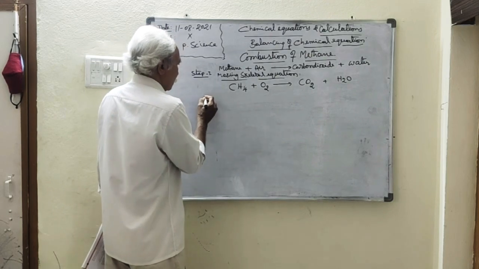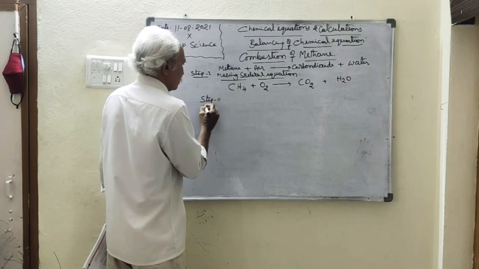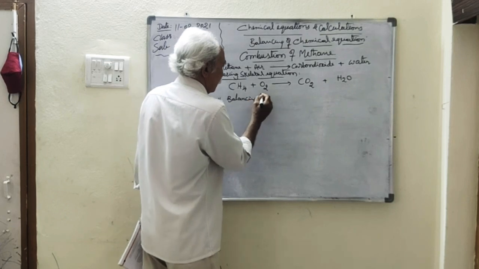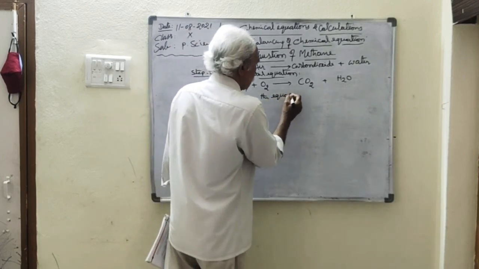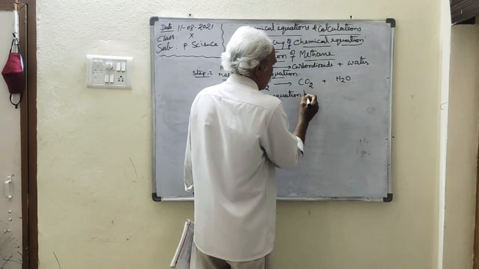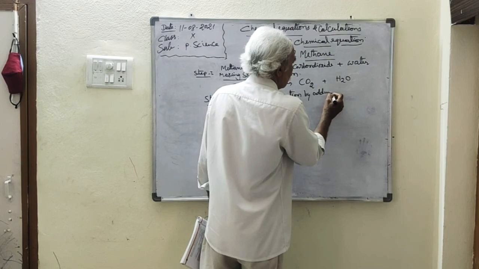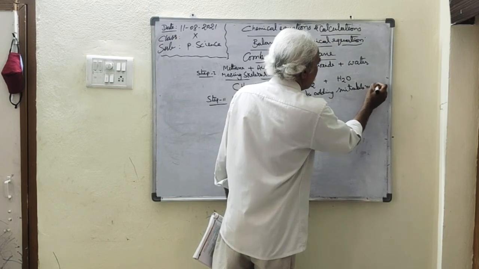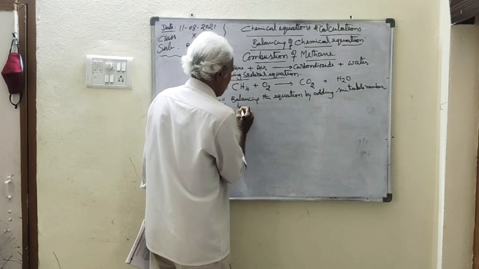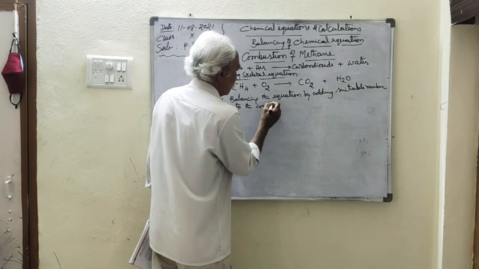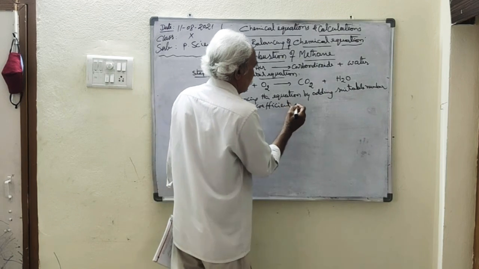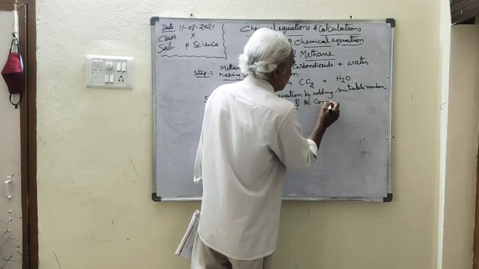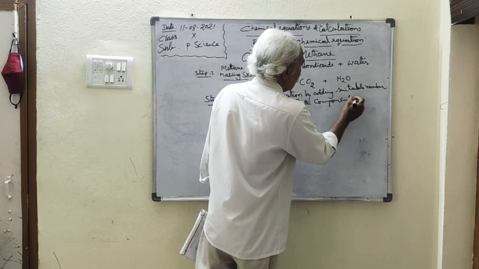Now step 2, balancing the equation by adding suitable numbers to the coefficients of the components.